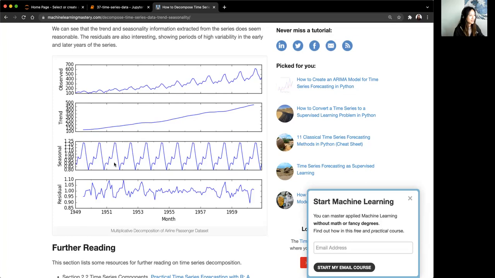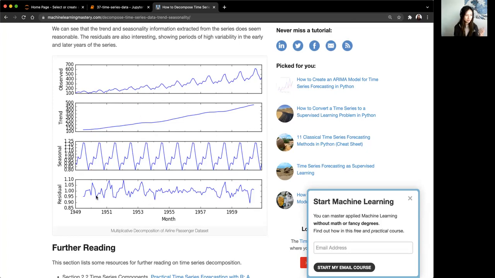And what's really cool about this is the original data, and it breaks it up into a trend component. As you can see, there's an overall upward trend. There's a seasonal component within this trend, showing how much seasonality there is. And this is basically that consistent yearly pattern that arises in the time series independent of this trend.